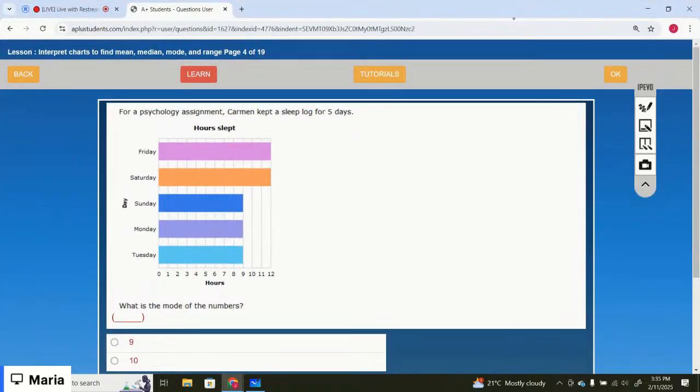The mode is 9. 9 is the number that appears the most often in the given data.